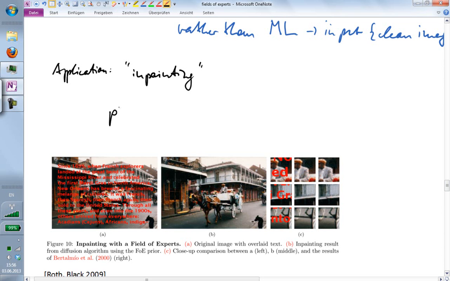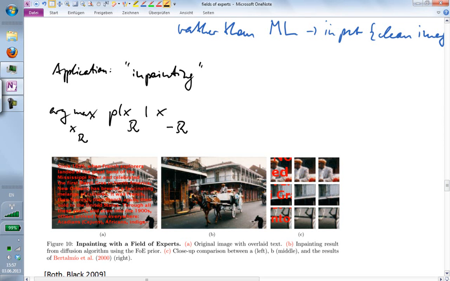So let's say I index with the script R the set of red pixels. In-painting means you want to maximize the probability of the subset given all the remaining pixels.